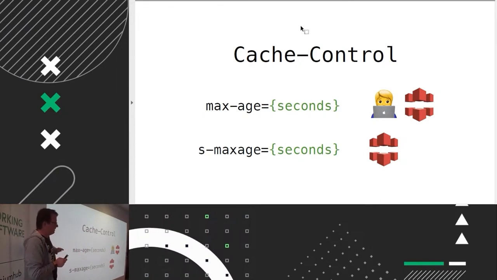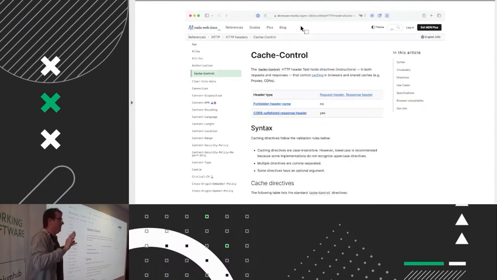So at Nebula, we don't use max-age that much because there is no way for us to control the cache. While with s-maxage, we can just click a button in the CloudFront UI and invalidate every cache on the CDN. But yeah, there are also other headers. You can read about them on MDN. I won't talk about it.